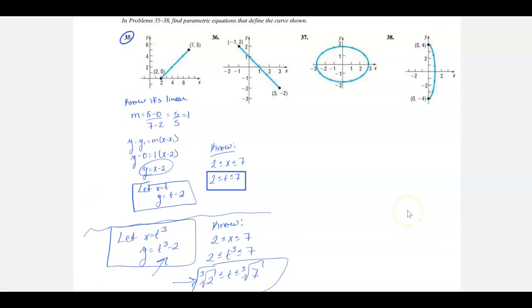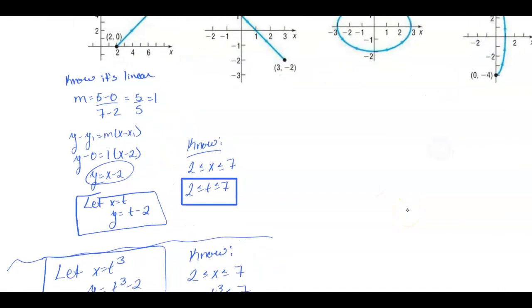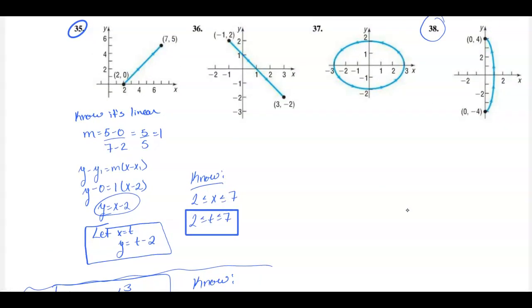So let's do another one. Let's look at 38. With 38, we are dealing with this half ellipse, and this half ellipse has a center at 0, 0. We see that we move along the x 1, so there's our minor axis length, and we move along the y 4, so there's our major axis length.